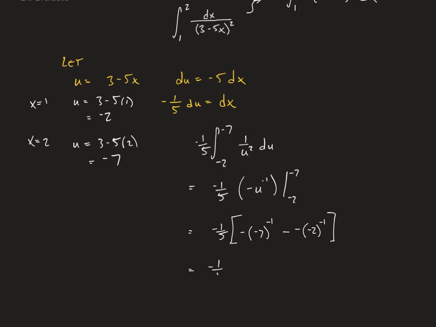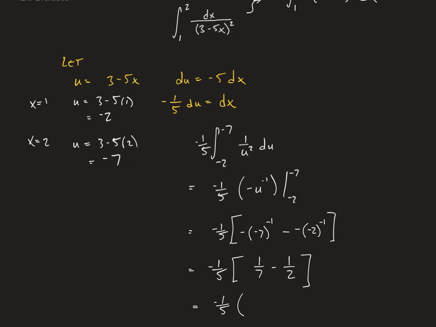So this is negative 1/5 times negative 1/7 plus... All right, I'm going to change these signs. Got to be careful with the signs here. All right. And I could find a common denominator, which is going to be 14, and multiply it by the 1/5 when I'm done there.